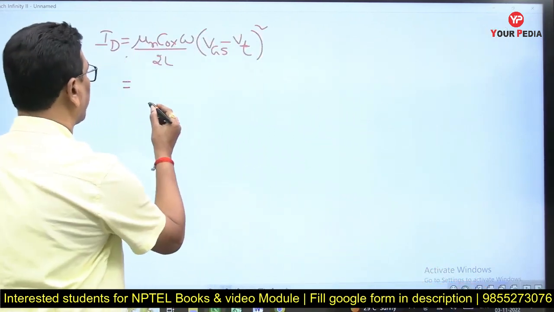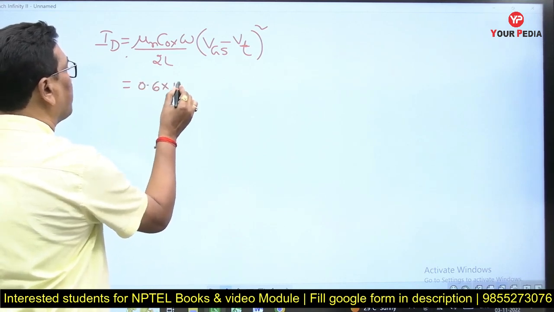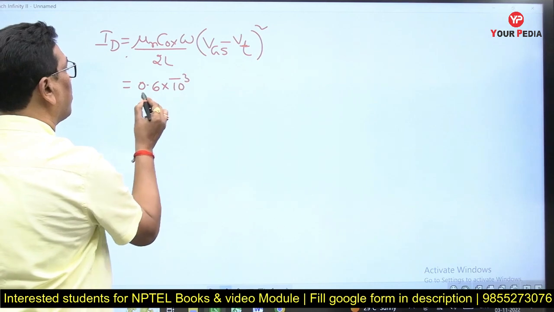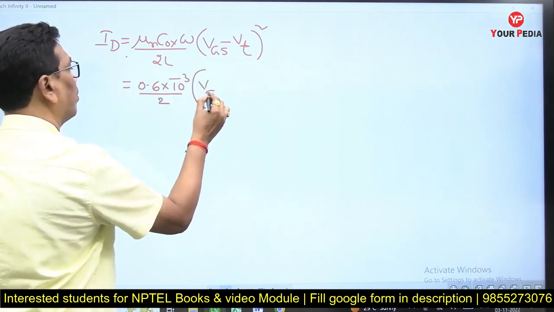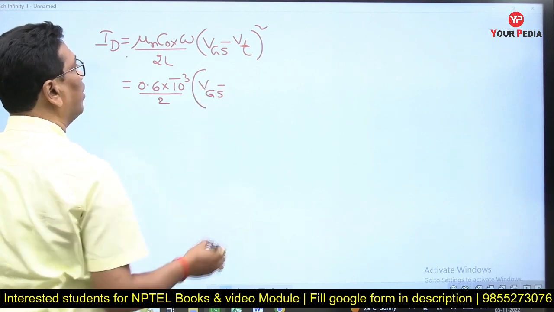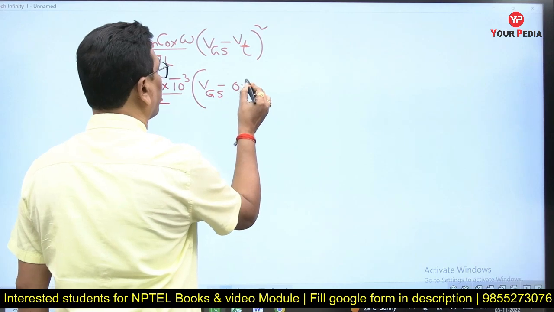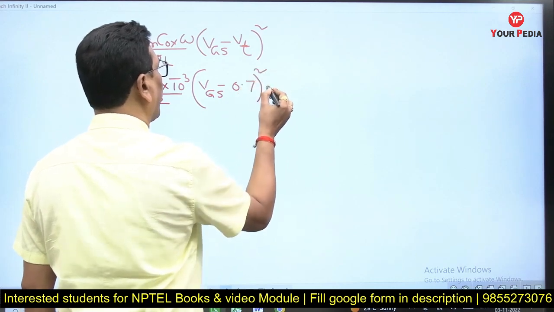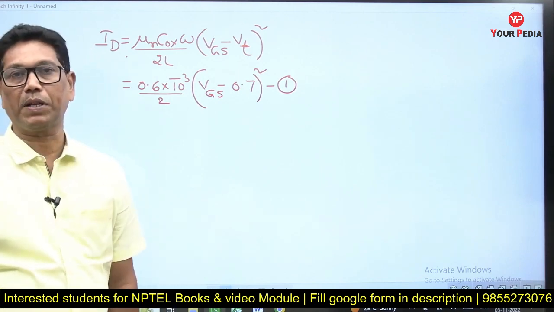That is called the transconductance parameter, 0.6 into 10 power minus 3 by 2. VGS is unknown, minus VT, which is given as 0.7. Now 0.7 whole square, that I keep as 1. This is the first equation I get.